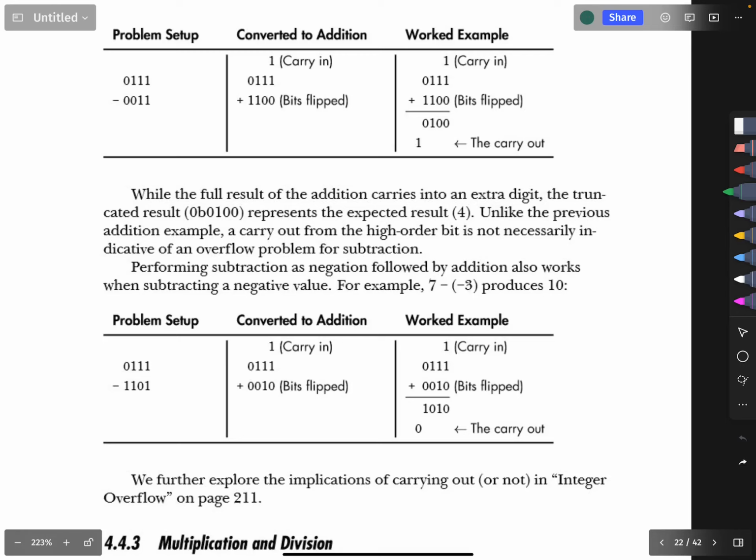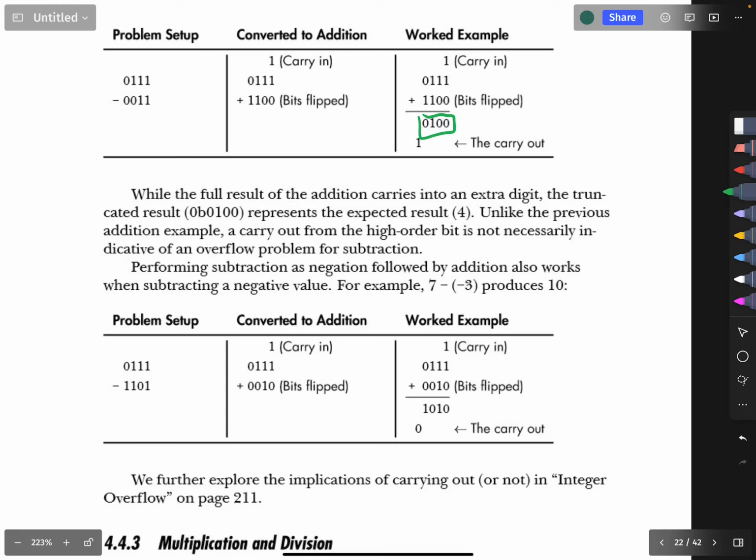With a carry here, you get a 1 in the digit, and then you carry again, you get a 0, and there's a 1 in the carry out. Before worrying about the carry out, which gets truncated, appreciate that the truncated result is in fact the right result.